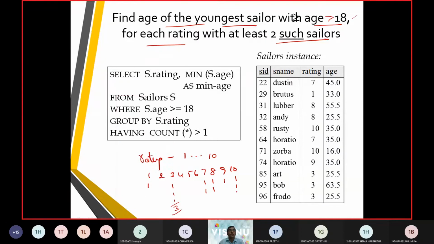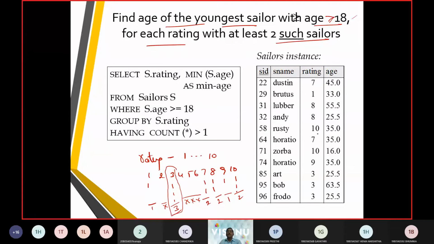Rating 1 has only one member, and none have rating 2, 4, 5, or 6. Rating 7 has 2 members, 8 has 2 members, 9 has 2 members, and 10 has 2 members. Now in this group of 3, we need to qualify who is greater than 18.